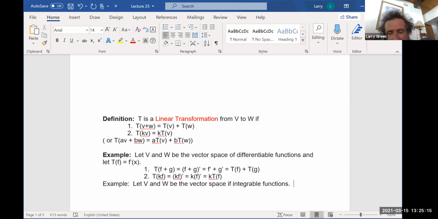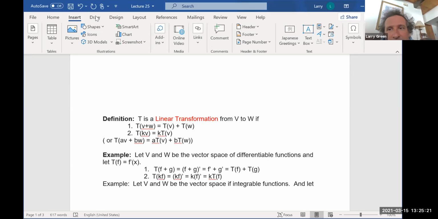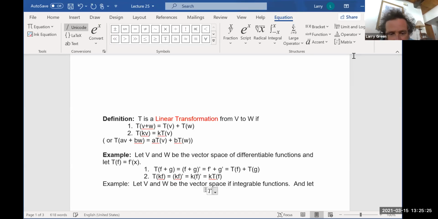Okay, and this one I need to write with symbols. Let T of f equal the integral. This gets a little interesting.